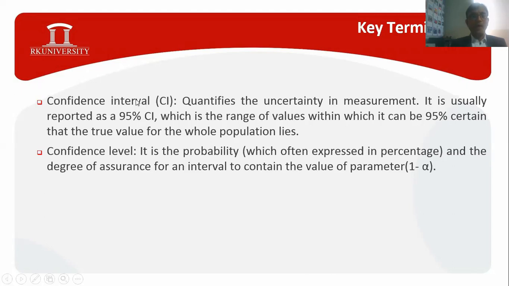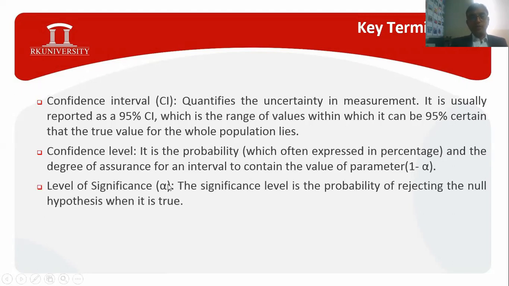And what about the remaining 5%? That 5% we are just assuming as the margin of error, that it might be possible that there is a 5% chance that the population parameter may not fall even in this particular interval. So that will be called level of significance, which is denoted by alpha.